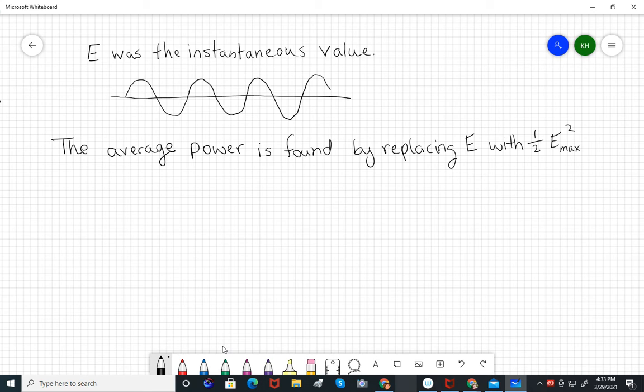If you think of squaring this and then halving it, what that means is the average intensity is epsilon naught c, and then instead of E squared, we're going to put E max squared over 2.